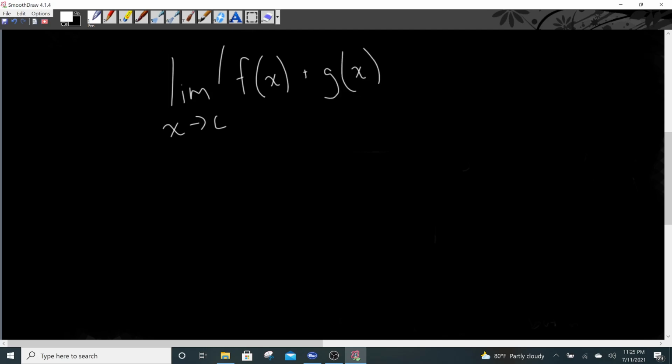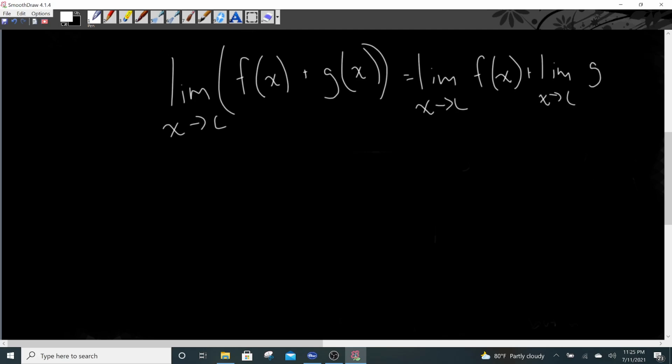I want to be a little extra, so we're going to do a proof for this, even though it's not necessary. What we hope to prove is that the limit as x approaches c of f of x plus g of x is equal to the limit as x approaches c of f of x plus the limit as x approaches c of g of x.